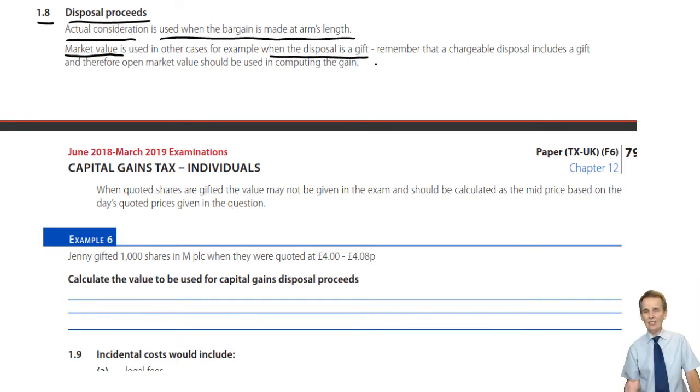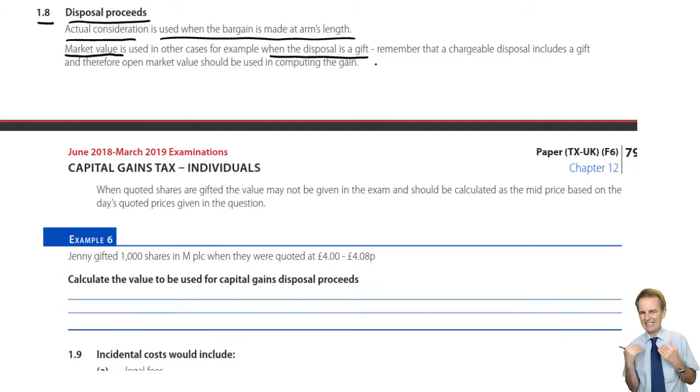Where there is clearly a donative intent between the seller and the buyer, the donor and the donee, we will always use market value. And that will hold true whether or not it's an outright gift. I have an asset worth £30,000, I give it to my son. We use market value of 30,000 in computing my gain.